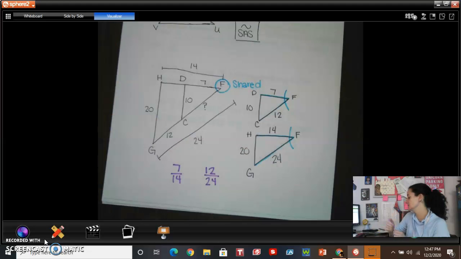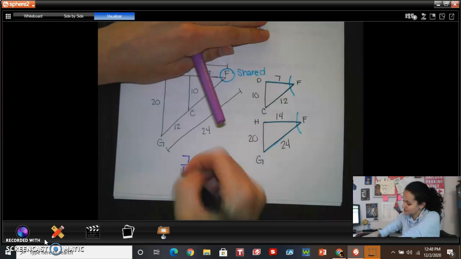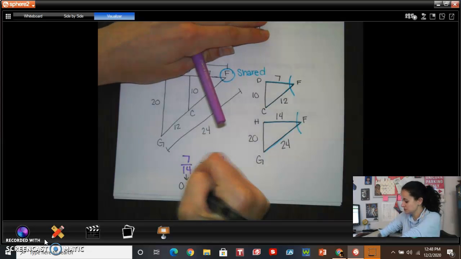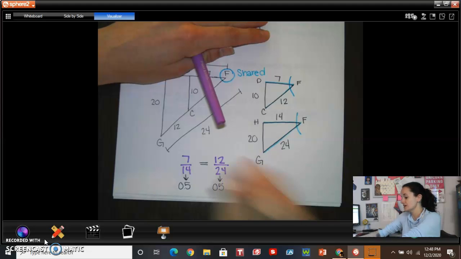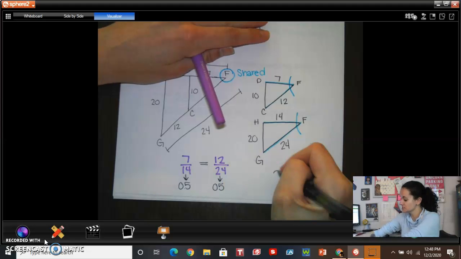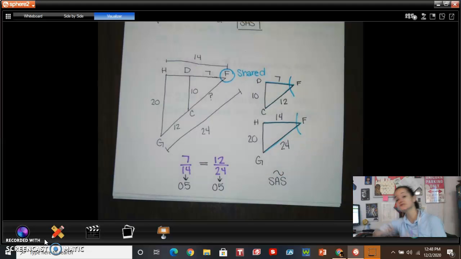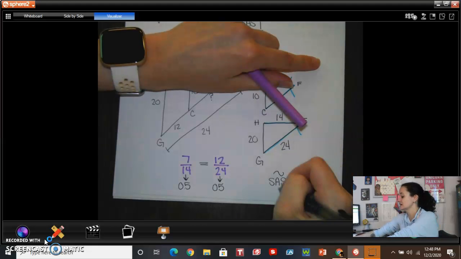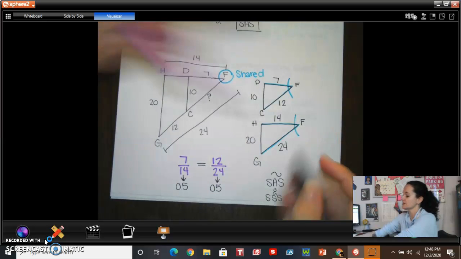Let's see if they are equal. Well, 7 and 14, 0.5; 12 and 24, 0.5. They are equal. So we can say this is similar by side, angle, side. But like I said, if it is similar by one, it's going to be similar by the other as well. So we would say and side, side, side, because we know all three sides.